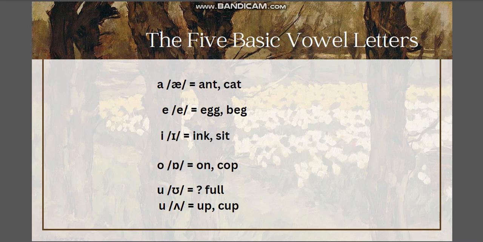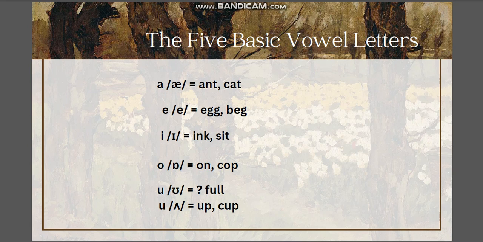Okay, so now these five basic vowel letters of the alphabet we pronounce them as a, e, i, o, u. Sorry about that, but that is English for you. So let me repeat it. The first one is a, second one is e, third one is i, as in ink, sit.